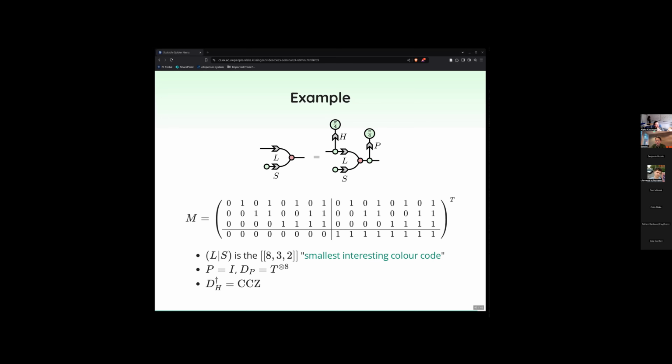If you go outside, I mean, you certainly won't have continuous families of transversal gates. This is one of the things that the Eastin-Knill theorem proves: to be a transversal gate, it sort of discretizes your space.